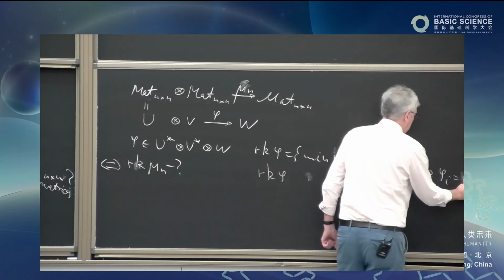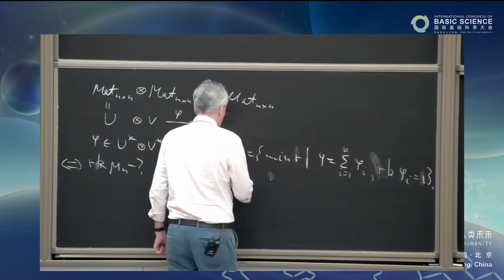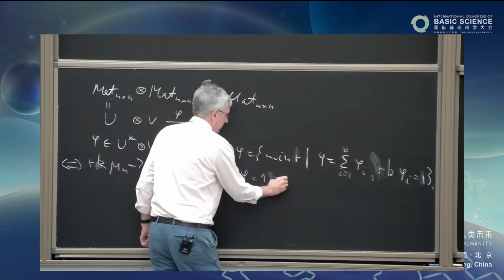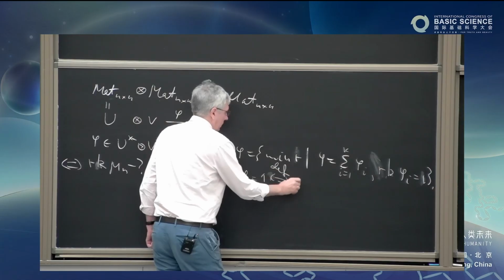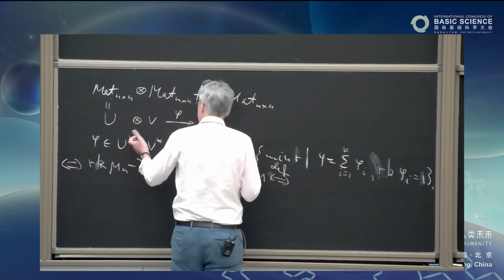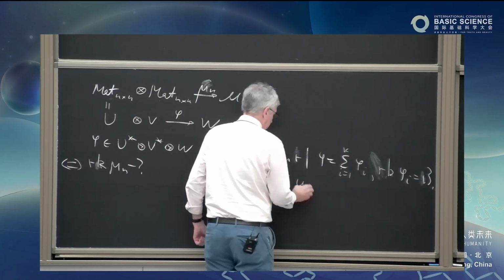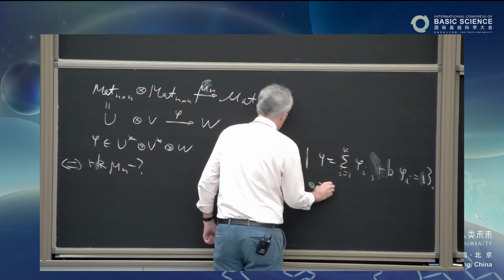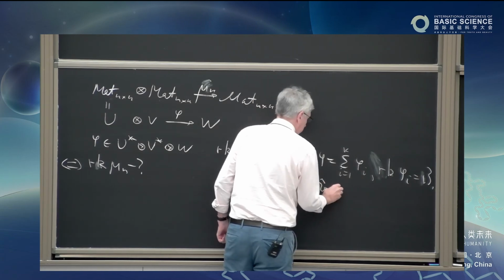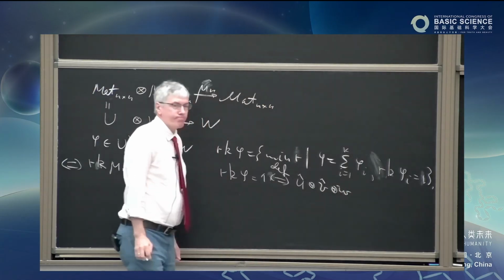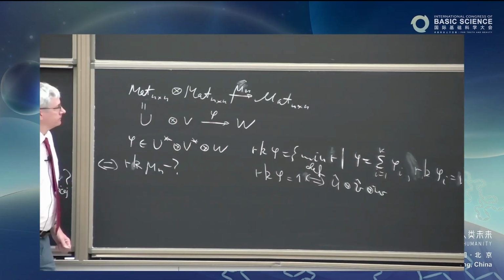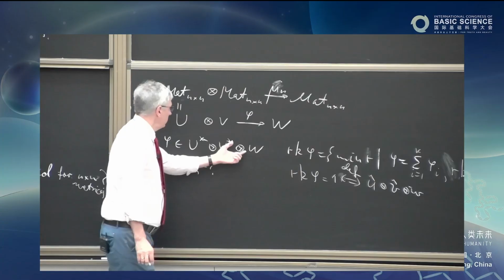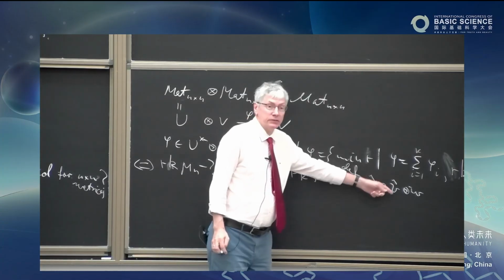Rank of phi is 1 means that it's a decomposable tensor. So it's something like u hat tensor v hat tensor w. I mean, not every element here is like this.